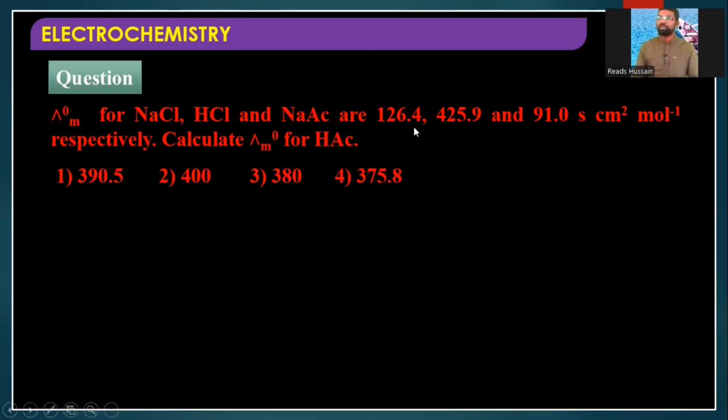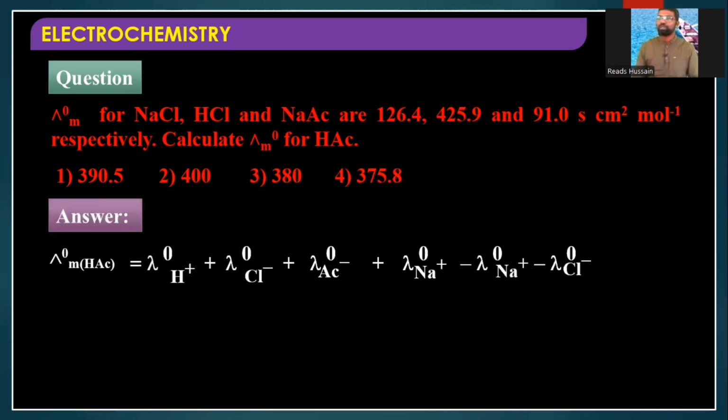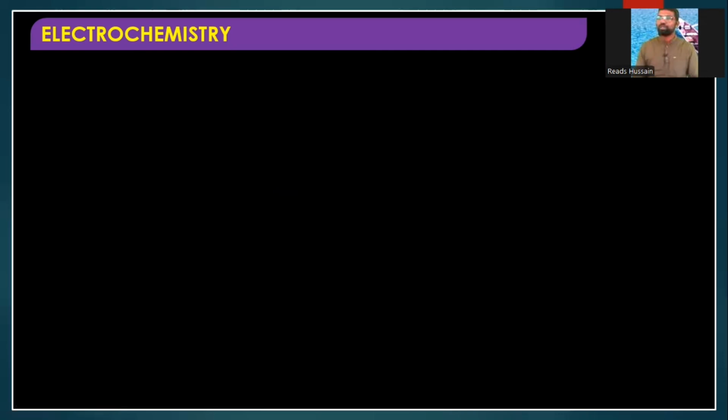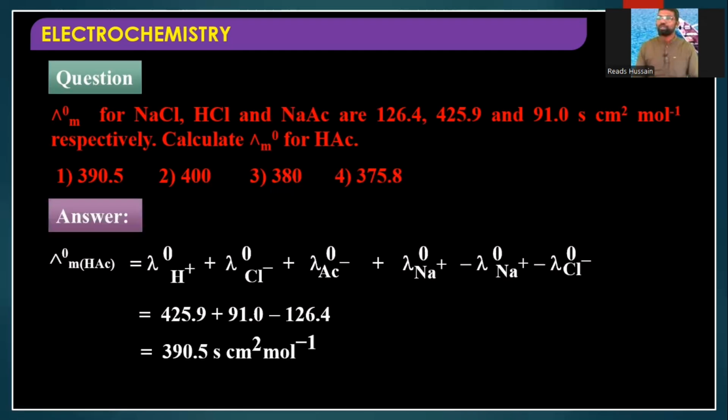Approximately what do we get? 425.9 plus 91 minus 126.5 is 390.5. That is the first option, right? First option.